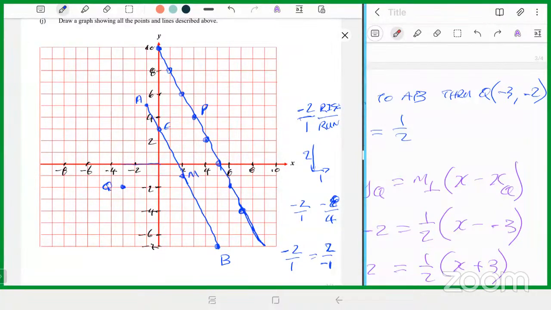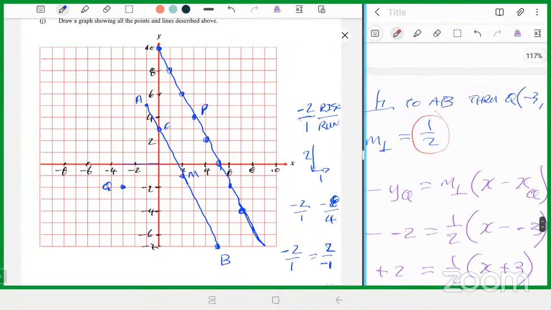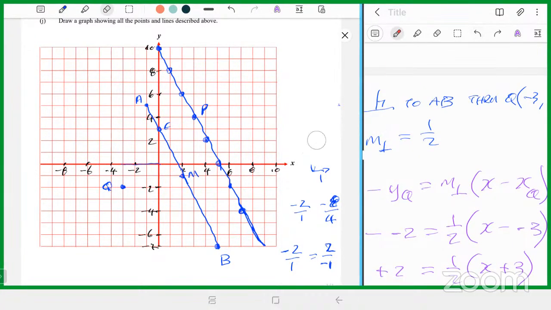And then the gradient we're applying from this point is a half. So let me clear these now. If we're doing a gradient of a half, it means that we're rising 1 and running 2. To find other points on the line, starting from this point that's on the line, we can rise 1, run 2.